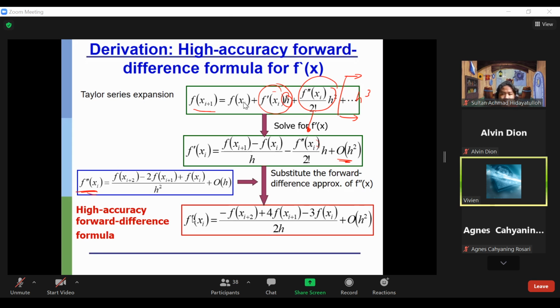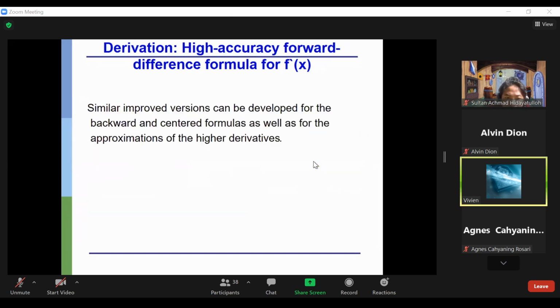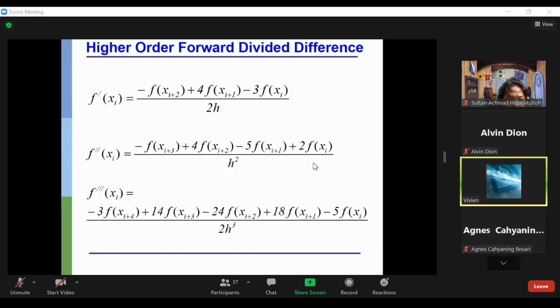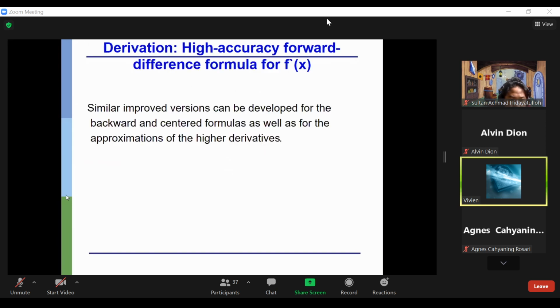Now this is finding the first derivative, but this is second order. Or we can also do this for the backward scheme and center scheme to get higher order derivatives, so that we can find the first, second, and third derivative.